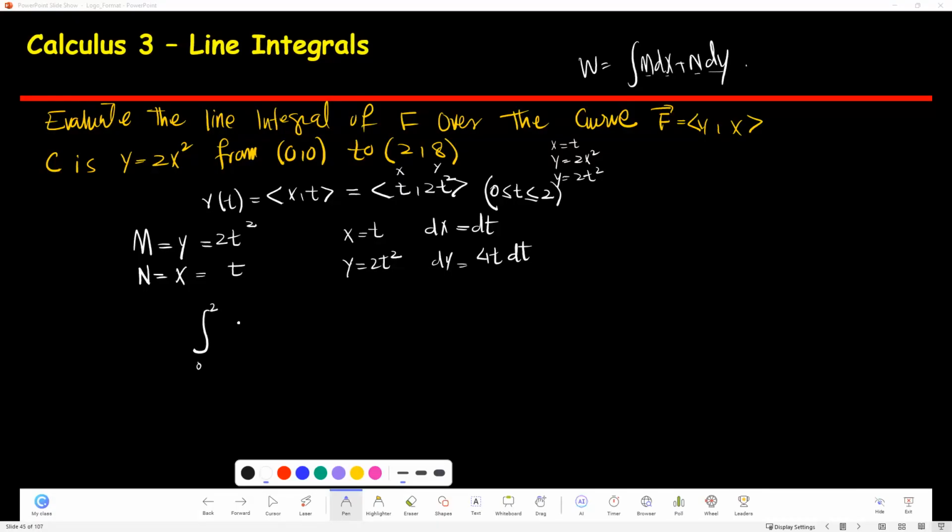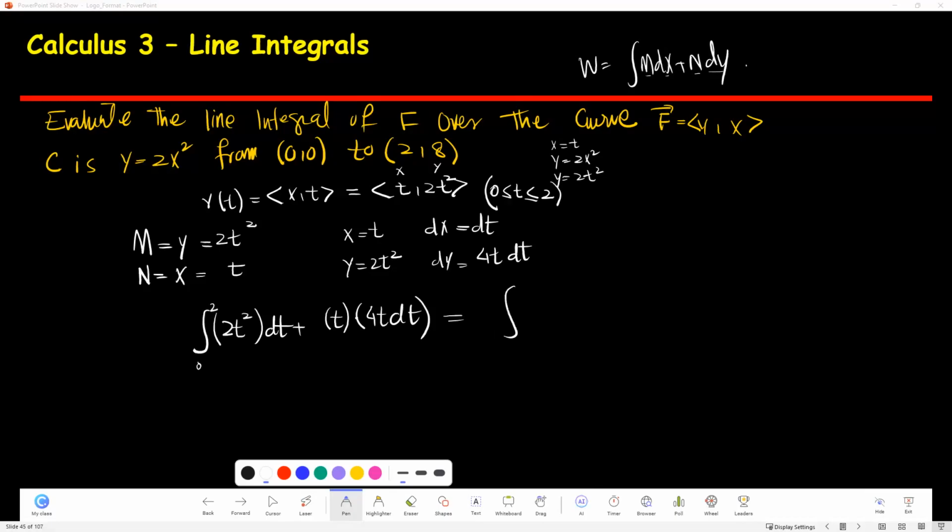Then I take my function, so it's going to be 2t squared dt plus t, 4t dt. All I did was substitute the values of x dt, y dt. Now let's solve it.